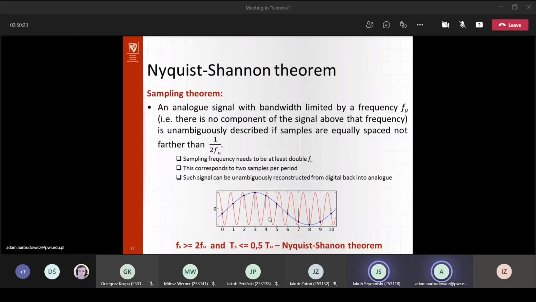I know what we are talking about, but if we don't have aliasing and we change the sampling frequency, we would still have the same signal.